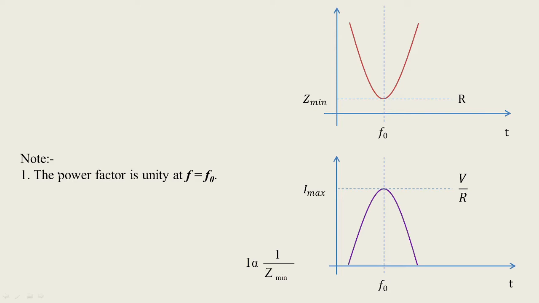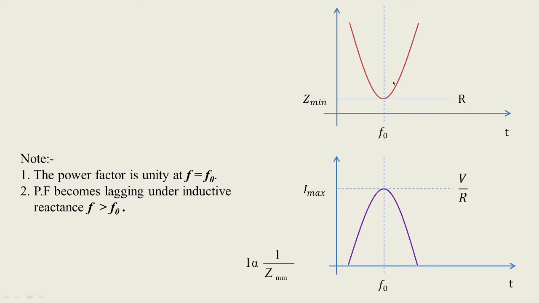What we have to note is that the power factor is unity at f equal to f naught, because the circuit is purely resistive in nature. When the RLC circuit is purely resistive, you don't have lead or lag conditions. So we obtain a unity power factor under resonance. The power factor becomes lagging under inductive reactance, that is, when the frequency is greater than f naught. So here you are going to get the inductive nature.